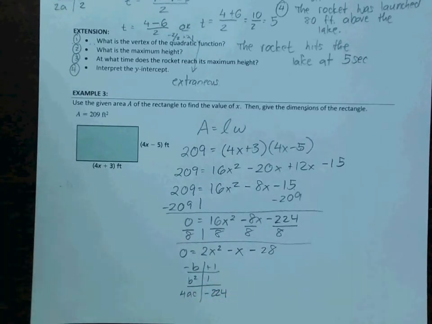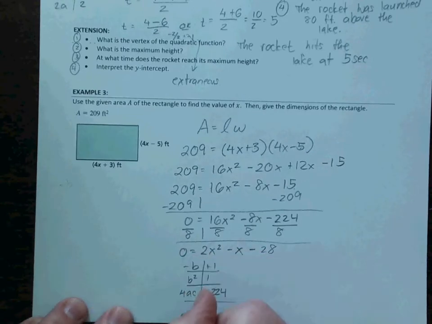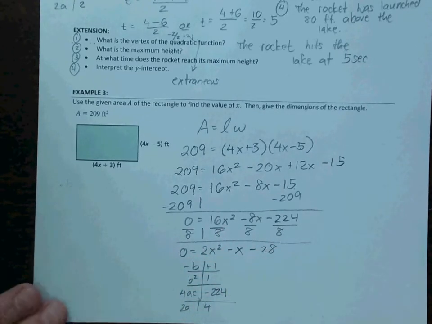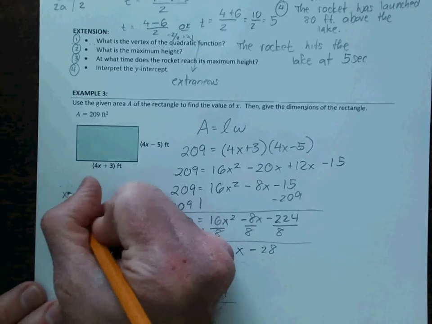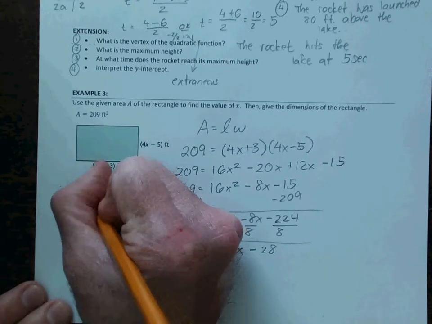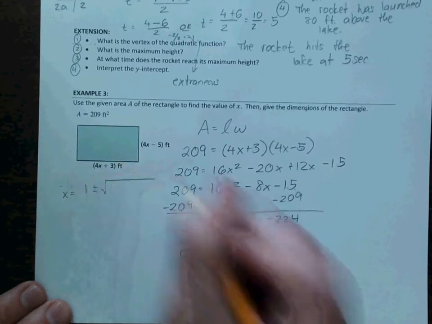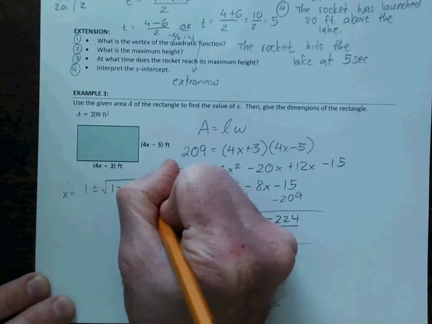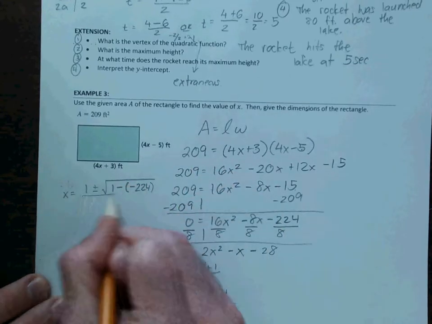And 2a is 4. So showing my plug-in step, x is equal to 1 plus or minus the square root of 1 minus a negative 224, all over 4.